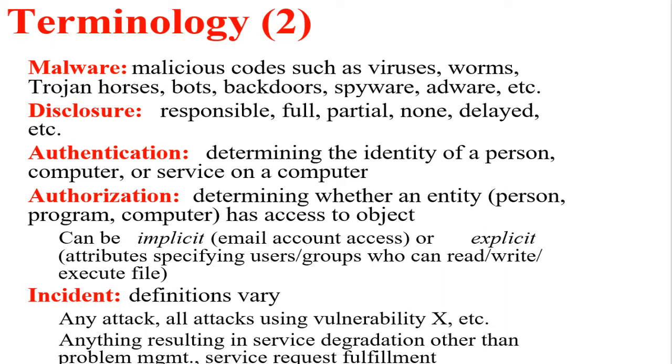That's malware. Then we also have a term known as disclosure. Disclosure is simply responsibility: full, partial, none, delayed, etc. So you can either have a full disclosure, a partial disclosure, or non-disclosure.